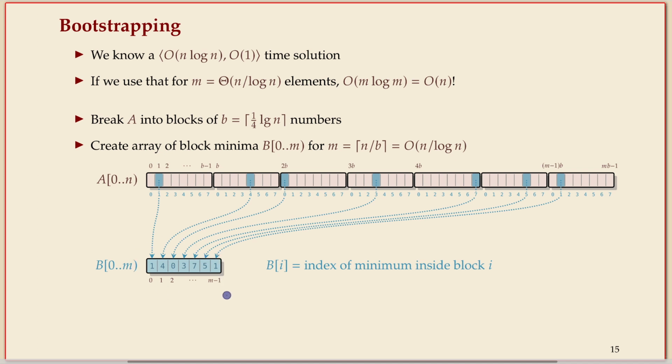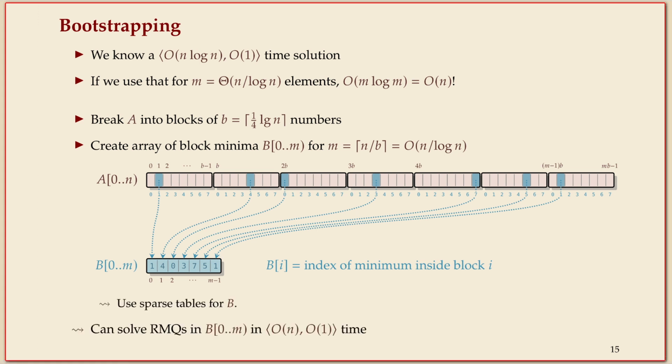And on this much smaller array, we can use our n log n solution from before, the sparse tables. So in a way, we can solve RMQ queries on block level.